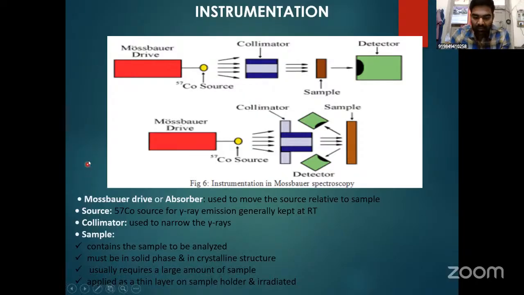We will take the stable isotope of iron, that is 57.